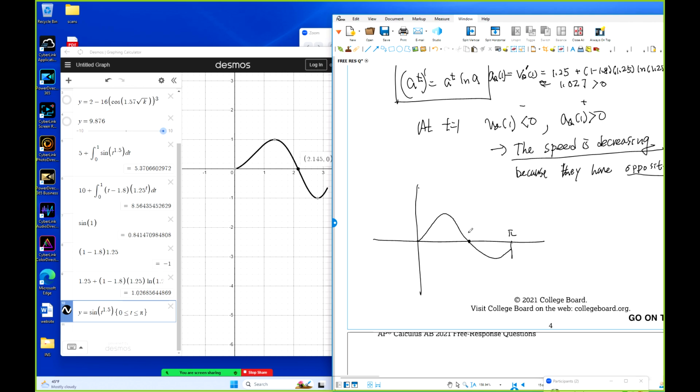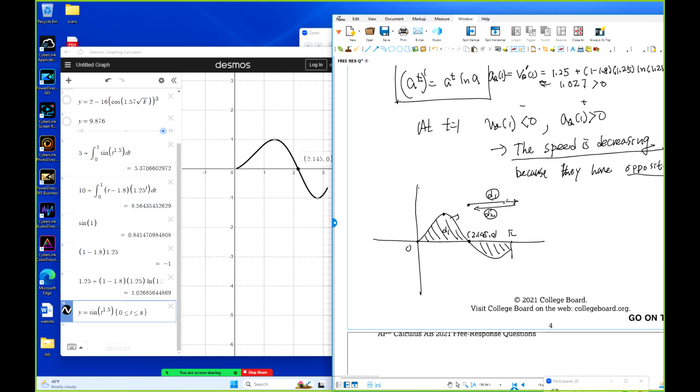This point is 2.145 and 0. It is the highest point, it doesn't matter. So this area and the other area: this one moves to the right, this is D1. After that it moves to the left, D2, right? But for travel distance, we're gonna add these.